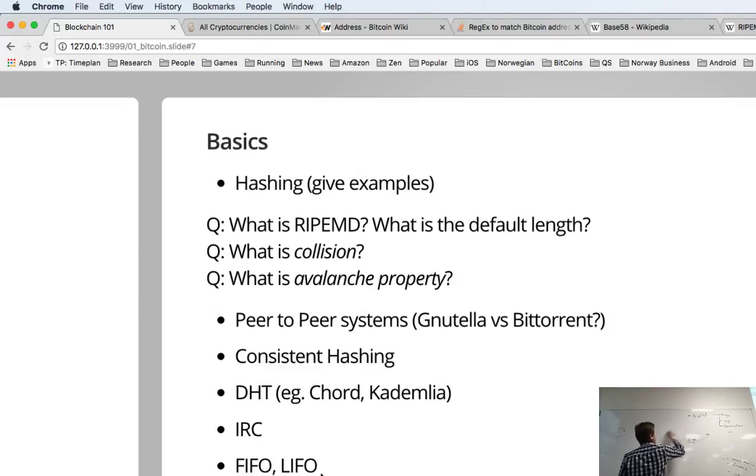Okay, last in, first out. What's the different name for that? Stack, exactly. So we have something like this.